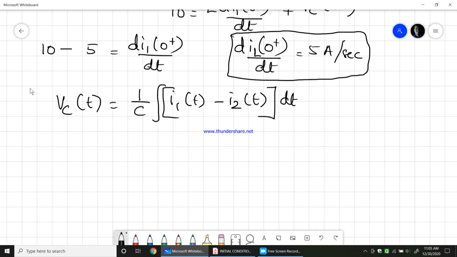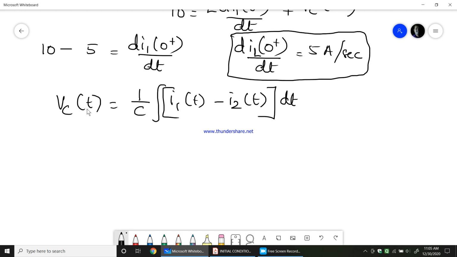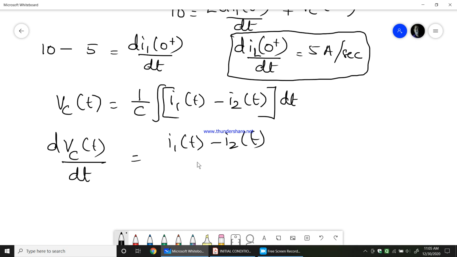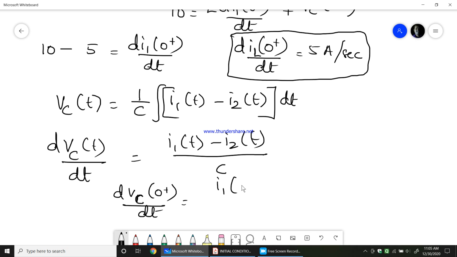If I differentiate this with respect to time, I get dVc by dt equal to I1 of t minus I2 of t, divided by C. Therefore dVc of 0 plus by dt would be equal to I1 of 0 plus minus I2 of 0 plus, divided by C.